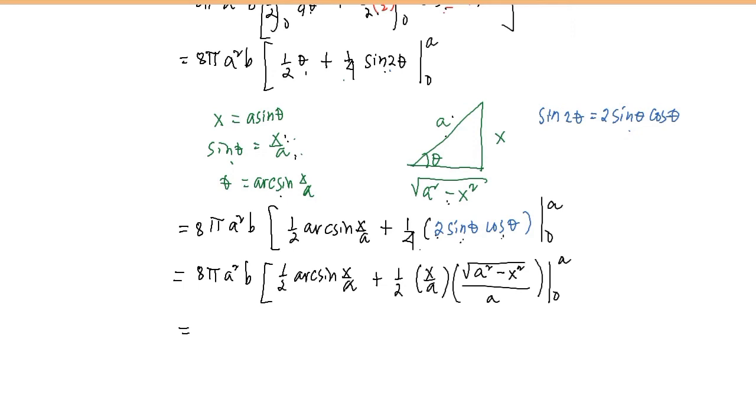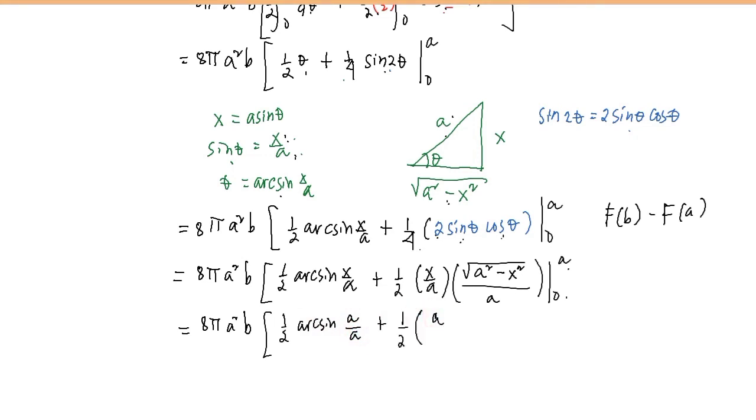We now evaluate, since we know that we have here f of b minus f of a. So for the upper limit, that's a, and the lower limit is 0. So we have here 8 pi a squared b multiplied by 1/2 arc sine. The x would be a over a, plus 1/2.